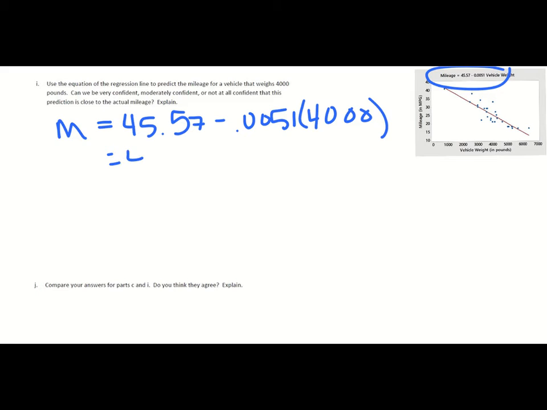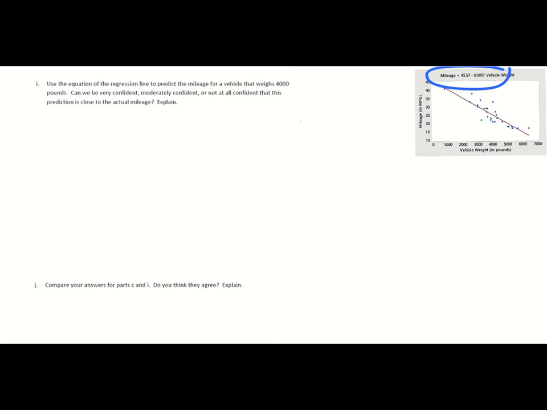That's 45.57 minus 20.4, which gives me 25.17. So my mileage is 25.17. And then it says, can we be very confident, moderately confident, or not at all confident that the prediction is close to the actual mileage?